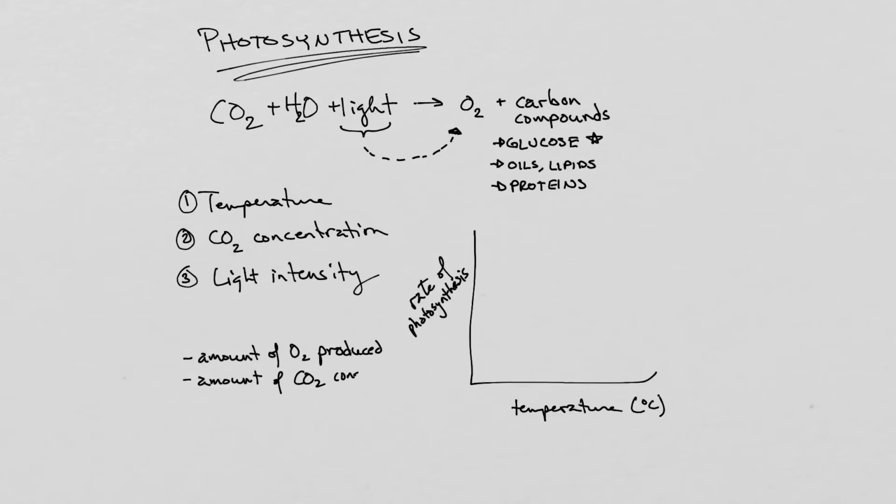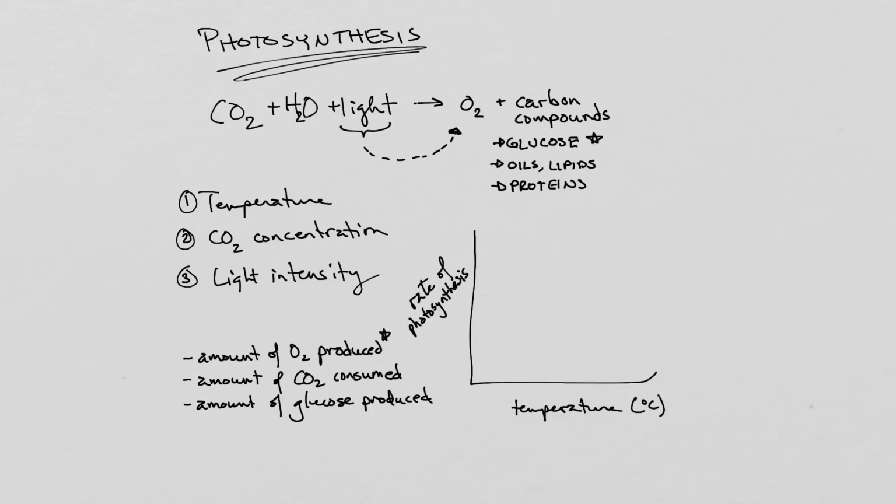And this one is a little more difficult because you have to enclose the whole experiment so that no extra CO2 gets in there. That one's kind of tough. Or you could measure the amount of glucose produced, and that one's really hard. I mean, how do you get inside the plant and measure the amount of glucose that's been produced? I would say this one's probably the easiest one to do, and it's something that we're going to do in class as well. So for this graph, though, we're just going to think about this not as any of these 3. We're just going to say, how much photosynthesis is it doing?